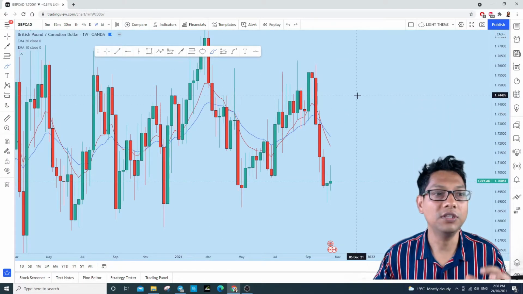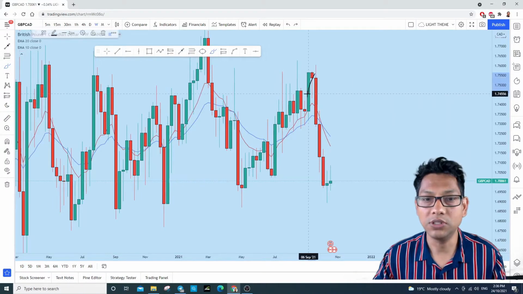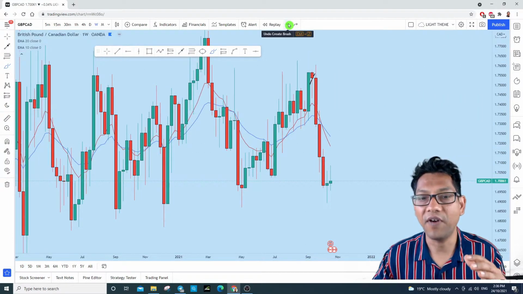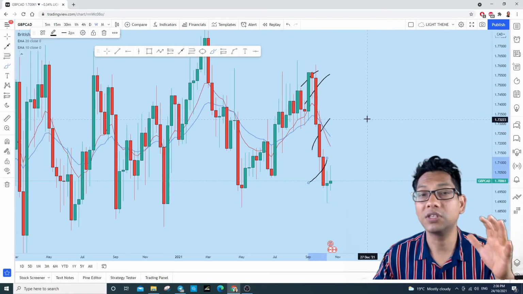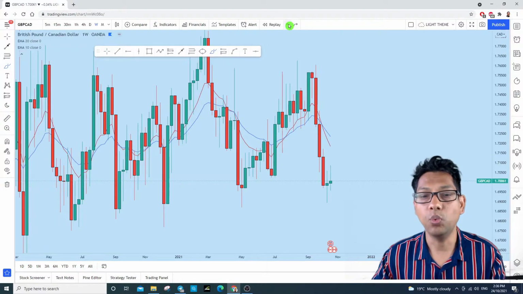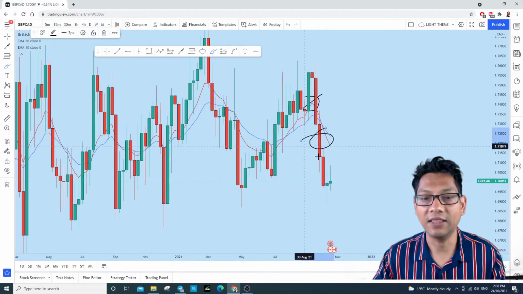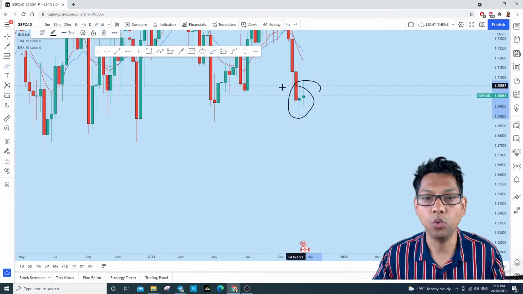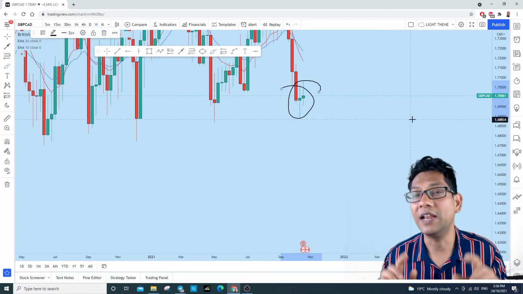Now if we just look at the other price action, what do you see? Back to back, almost 4 weeks, 1, 2, 3, 4 weeks of strong drop. And when they are dropping, look at these healthy red candles. After that, what happened? Back to back 2 weeks of narrow green doji.